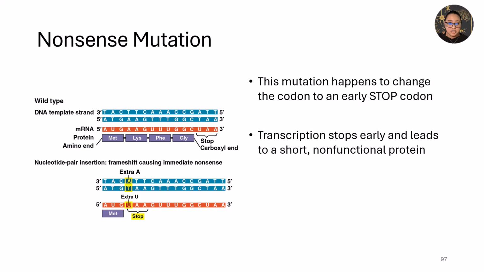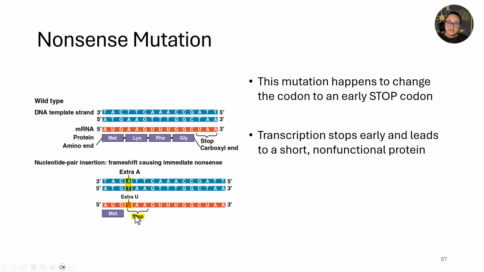But then here, say there's a mutation somewhere and it leads to an early stop codon. So now we're looking at a different area. Here it's supposed to read AAG, and the mRNA now reads UAA because of this mutation here. And that happens to be an early stop codon. So that just makes nonsense. This protein is nonsense because it's all messed up.